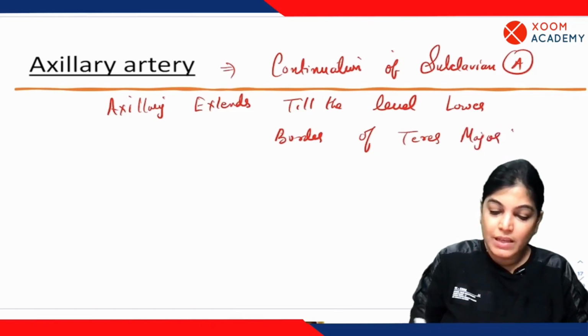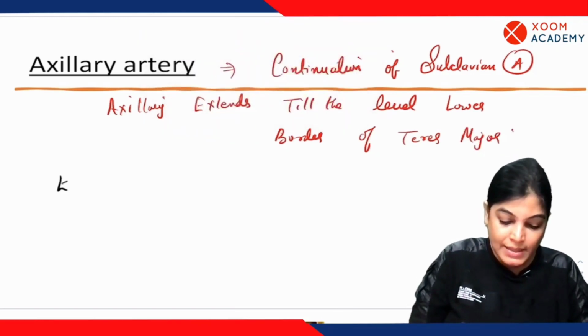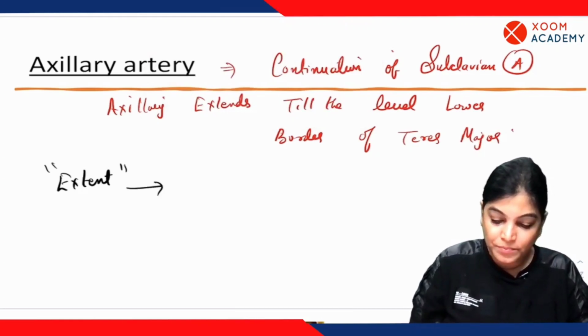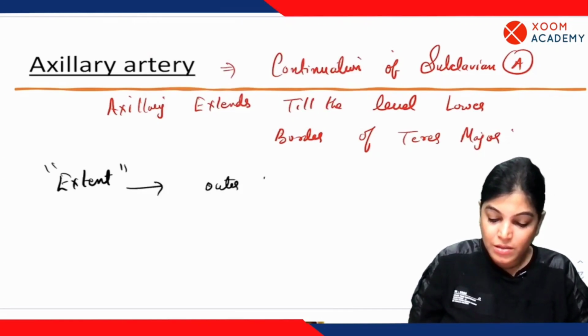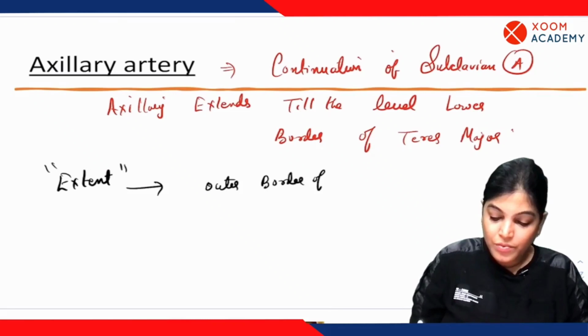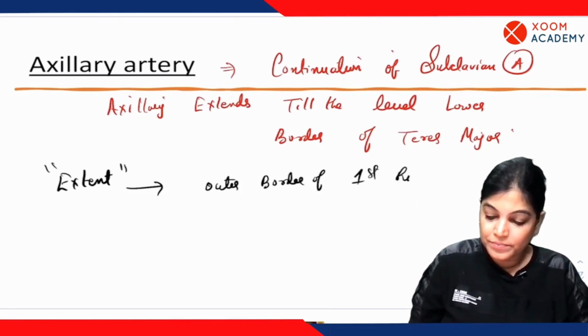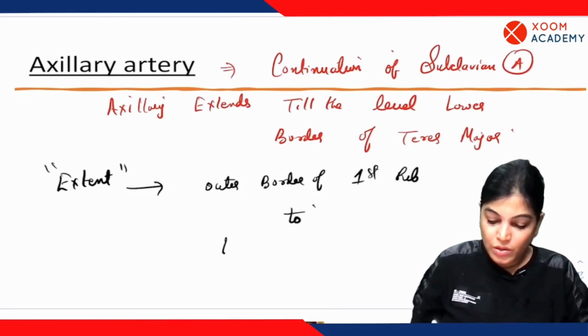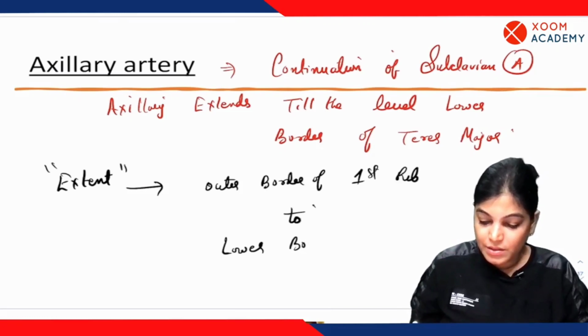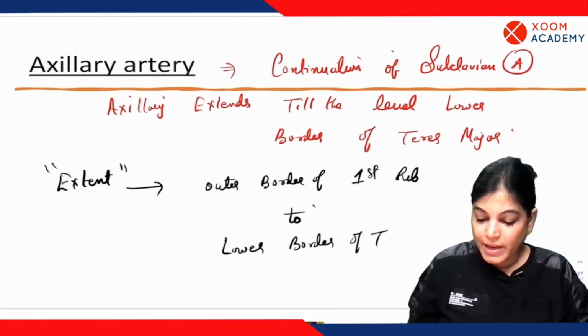So that means if I have to summarize the extent of axillary artery as a whole, it extends from outer border of first rib to lower border of teres major muscle.